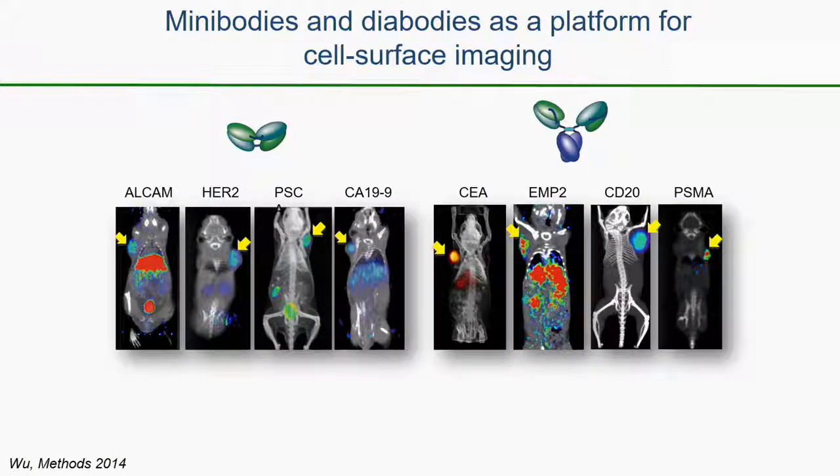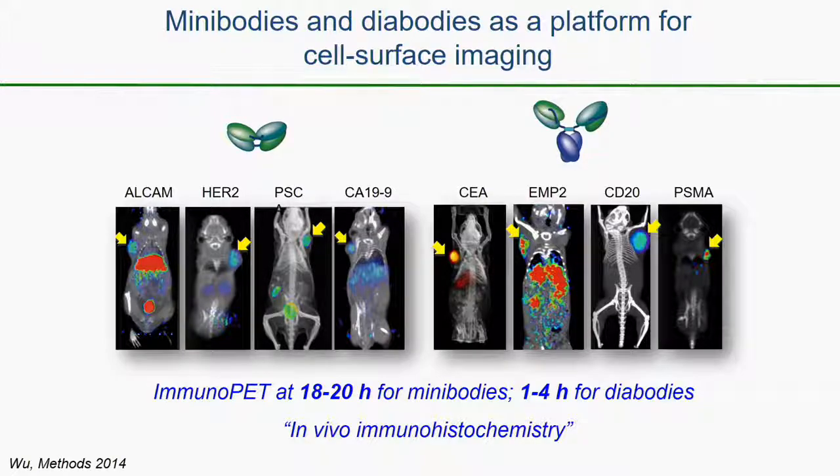We've really done this for a variety of tumor targets as shown here. And with the minibody fragments, we can do imaging 18 to 20 hours after injection. And with the diabodies, as I mentioned earlier, we have the potential of doing same-day imaging. In fact, I think some of these, that HER2 image is a fluorine-18 image.